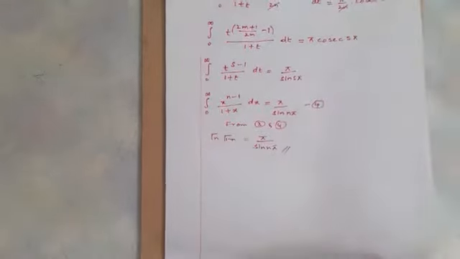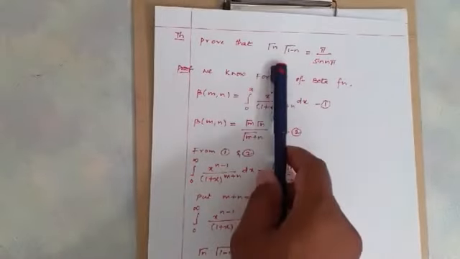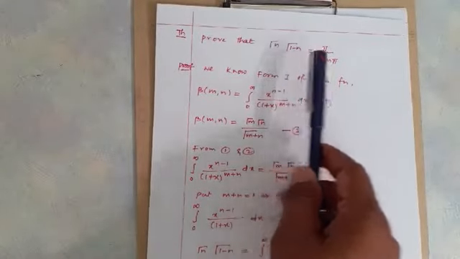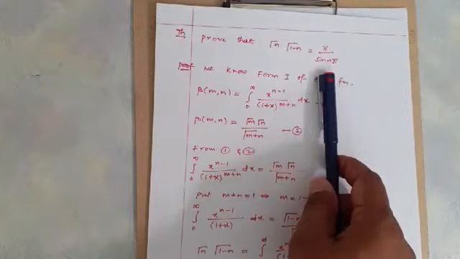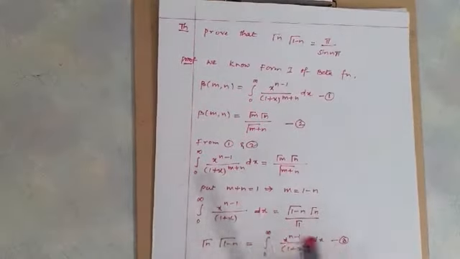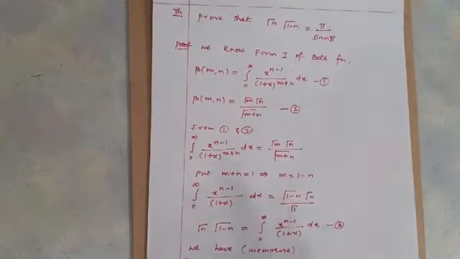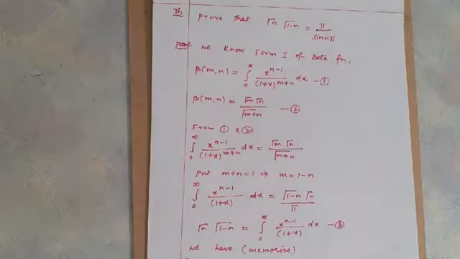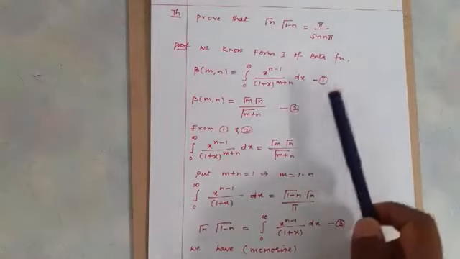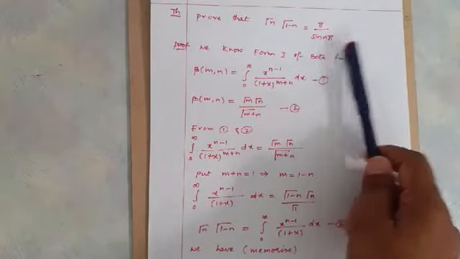So once you go through it again, here we have been asked to prove gamma n into gamma 1 minus n is equal to pi upon sine n pi. So we are taking form 1 of the beta function and a relation between beta and gamma. Both we are taking to prove this.